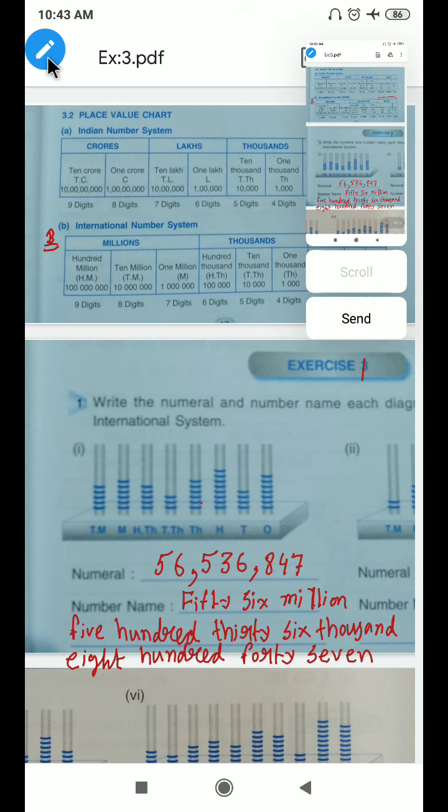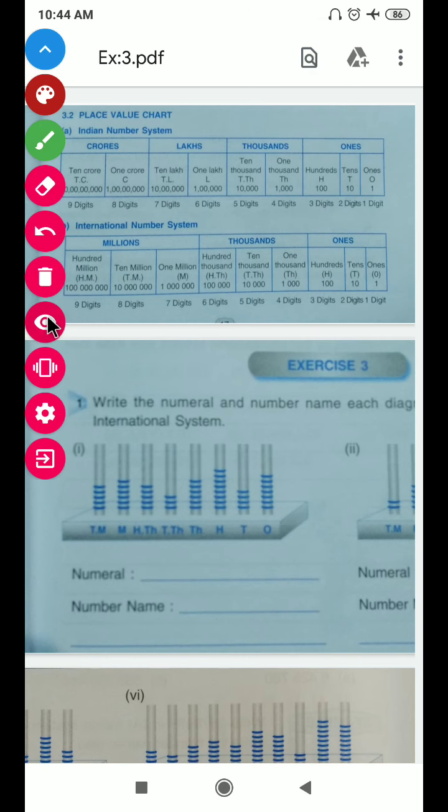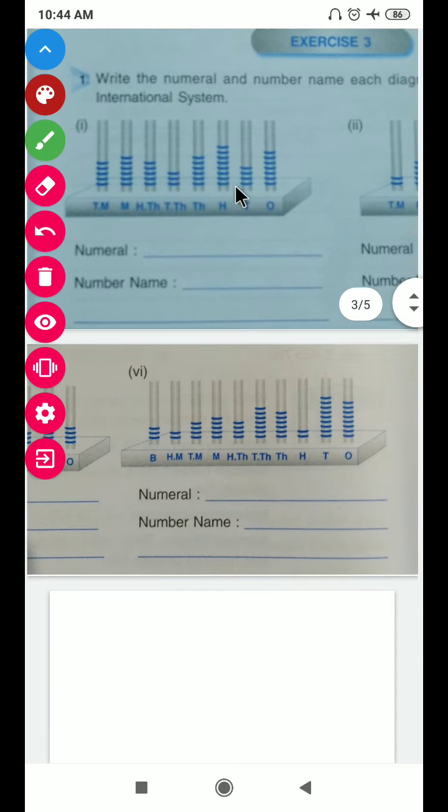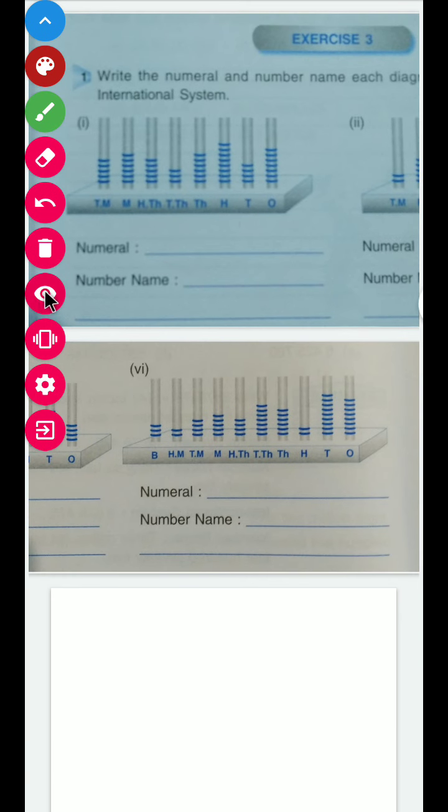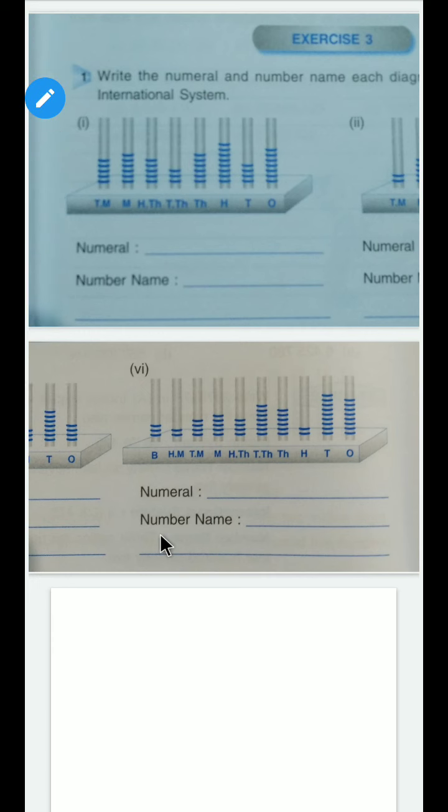Now go to the next example like this. Question number 4. So question number 4 is given here. This is 1, 10, 100, 1000, 10,000, 100,000, million, 10 million, 100 million, then billion. So billion comes here.